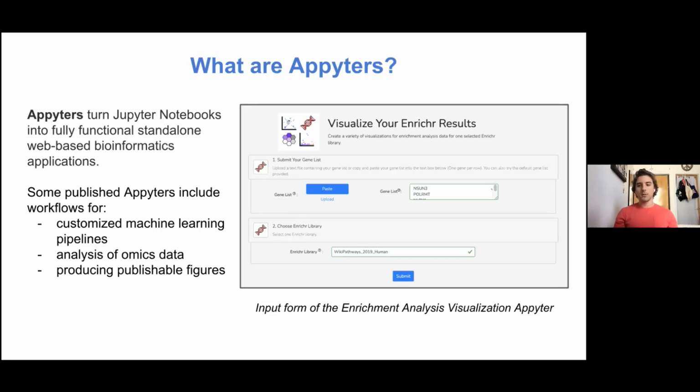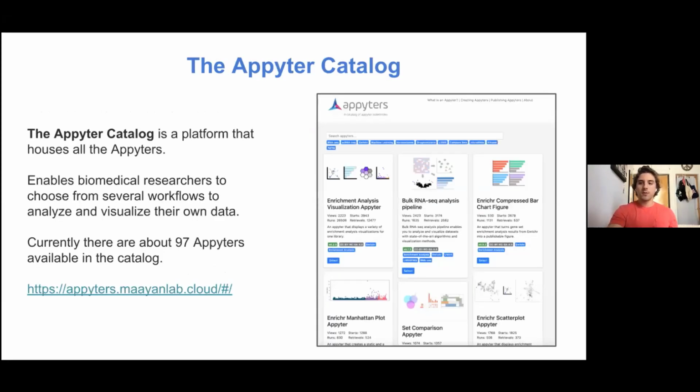And furthermore, these workflows that are created by us and the community are available online for those that don't have very much experience with programming and who need to accomplish some sort of computational task. So individual Appyters, when they're accepted through a GitHub pull request, are ingested into the Appyter catalog.